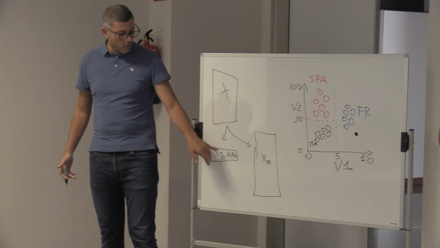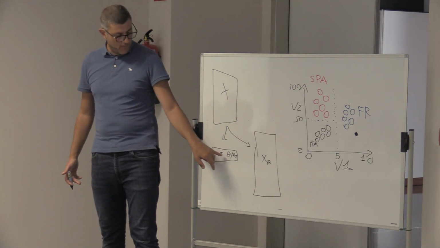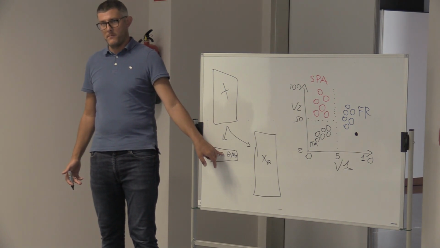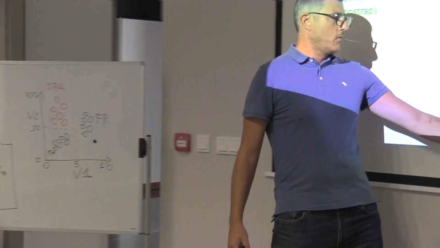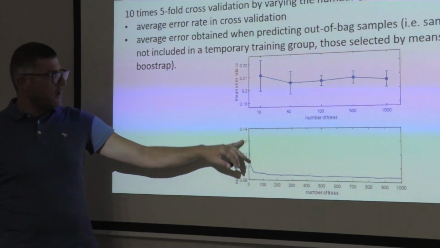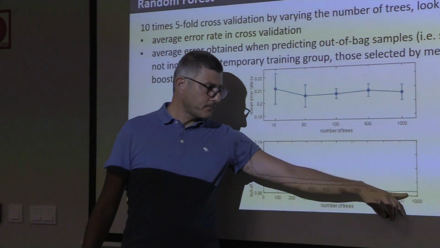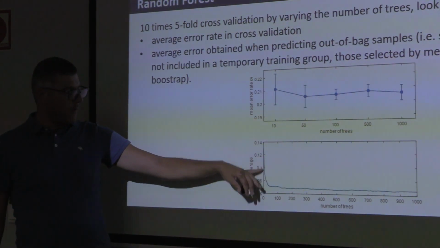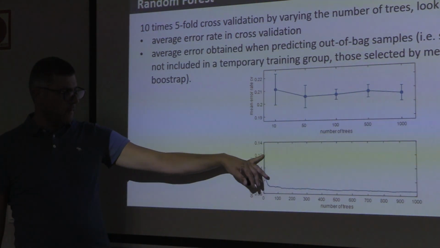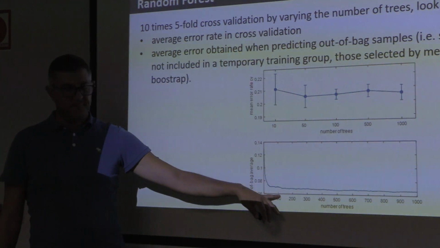So another way is also to look at the error we get on these out-of-bag samples as a function of the number of trees. And here you have, in the same data set, these trends. This is the average error on the out-of-bag samples as a function of the number of trees.